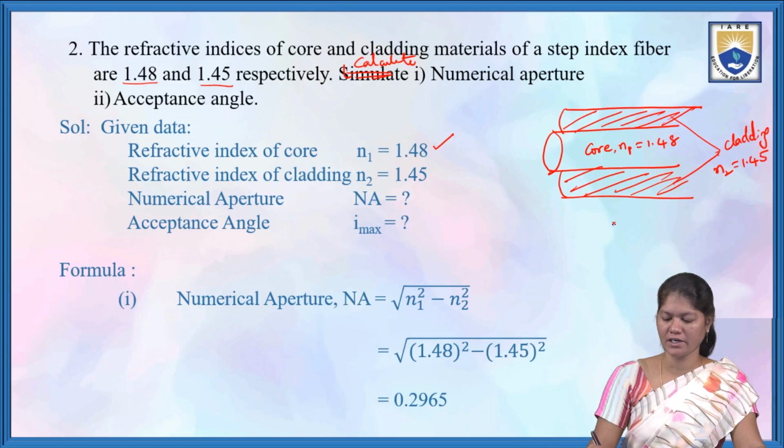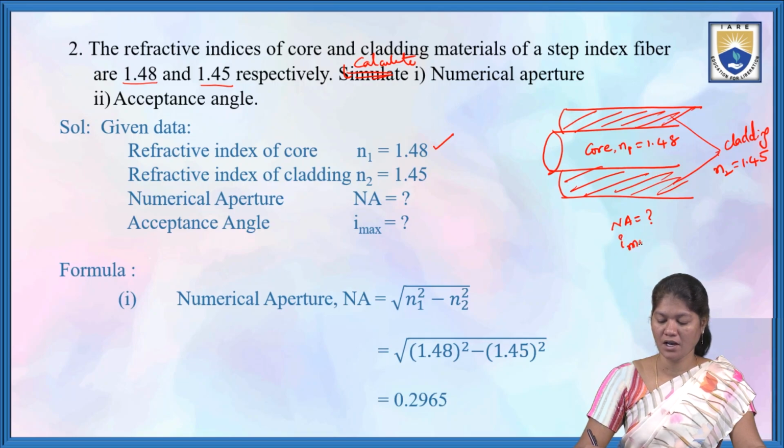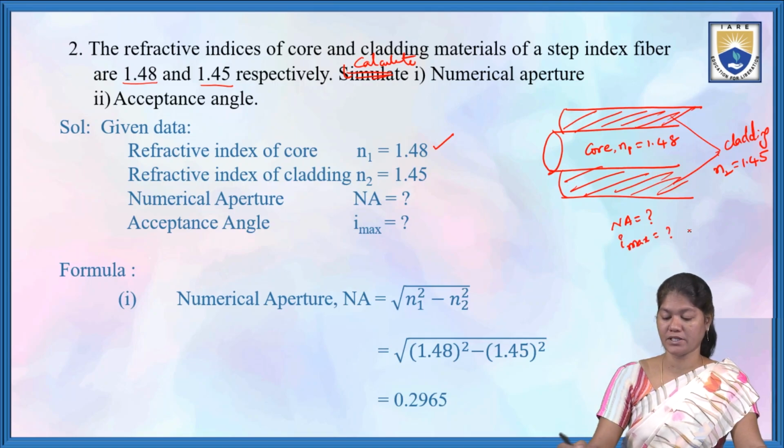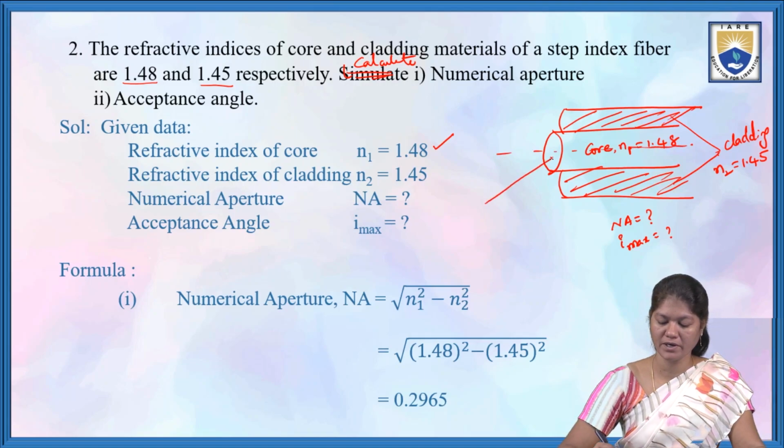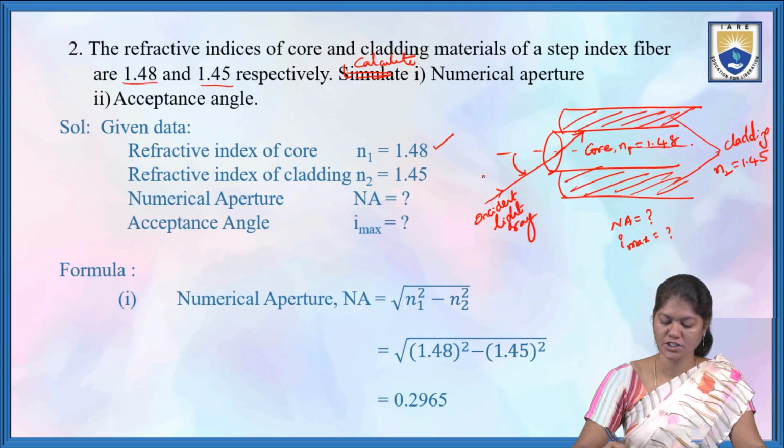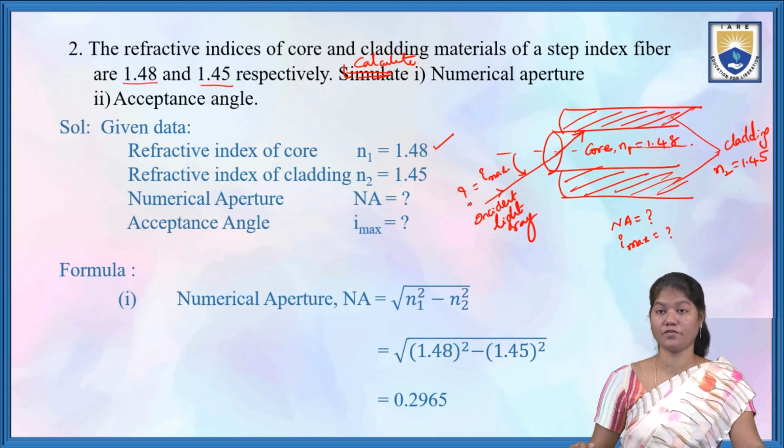We want to calculate NA, the numerical aperture, the light gathering ability of the optical fiber, and then i maximum, that is the acceptance angle, the angle made with the fiber axis to enter into the core. So this is the incident light ray, and this is i maximum, which we need to find.